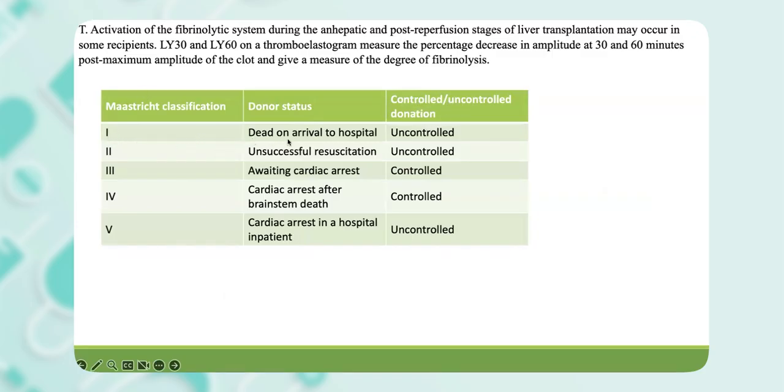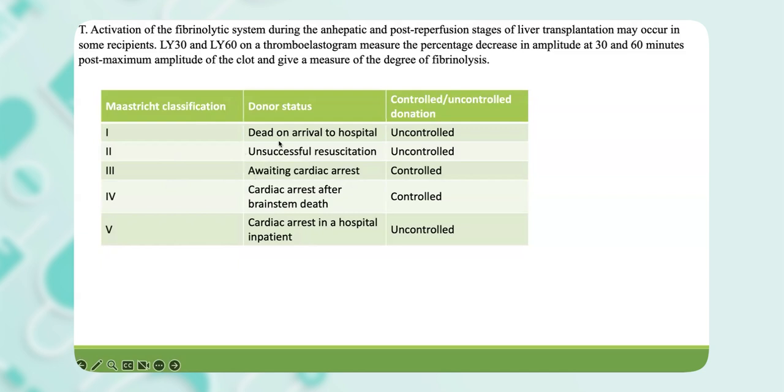So 1 is dead on arrival to the hospital. 2 is unsuccessful resuscitation. 3 is awaiting cardiac arrest. 4 is cardiac arrest after brain death. 5 is cardiac arrest in hospital, inpatient.